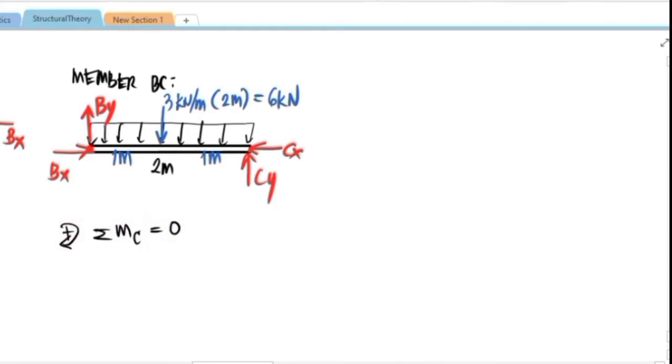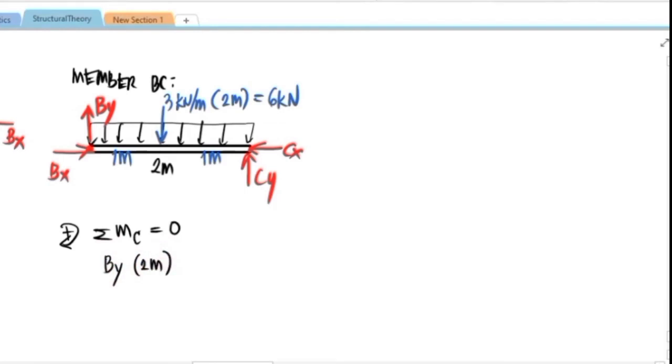So dito, ang goal natin is to compute for the value of the reaction BY. So we have here BY that would create clockwise rotation, so this is positive. BY multiplied by the distance of 2 meters. Remember, the distance must be perpendicular to the force.